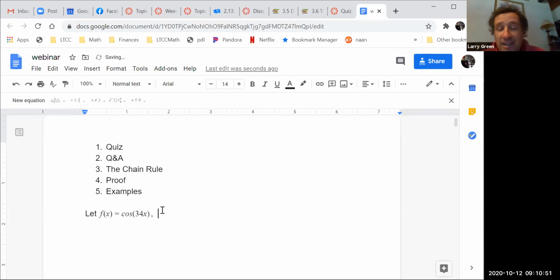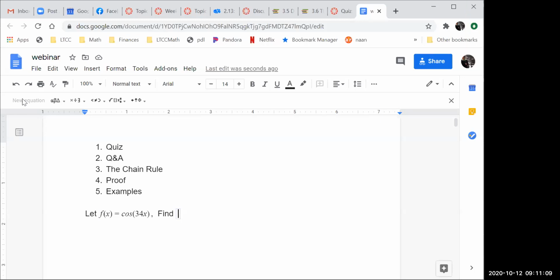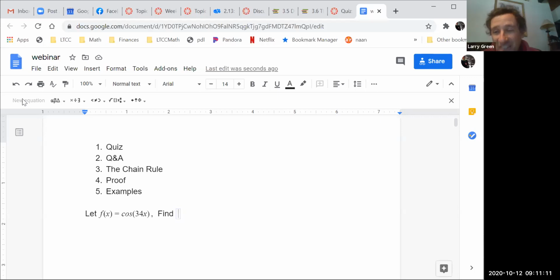Any guess on what we're going to be asked to do? It's the obvious. Derivative. Good, good. At this point in the class, you should all know, find the derivative is kind of what this class is about. And then after we know how to find all derivatives, then it's going to be use the derivative. Find f prime of x.